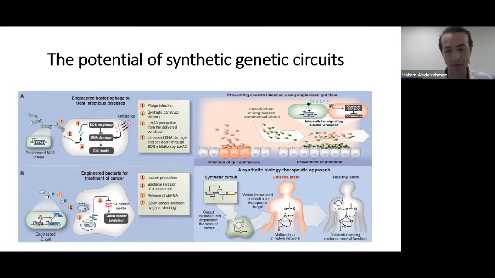And in this case, you could interface a synthetic genetic circuit that detects these pathological conditions in the host. And based on these pathological conditions, you can trigger the expression of this therapeutic molecule. So you simply couple the expression of a therapeutic molecule to the conditions of the disease. Is that clear?